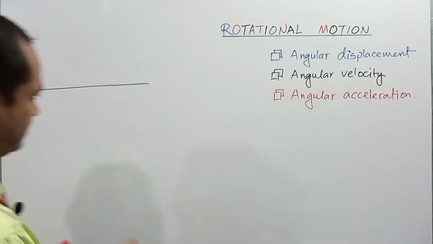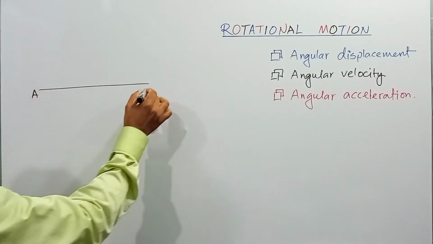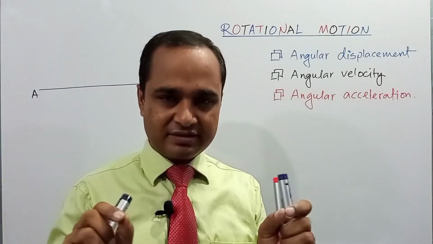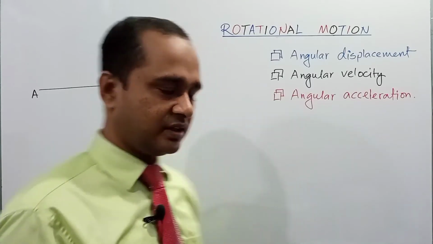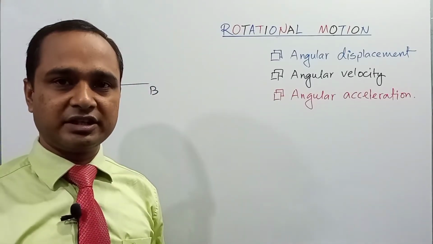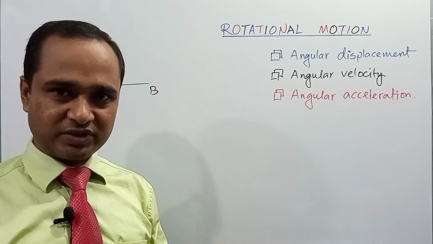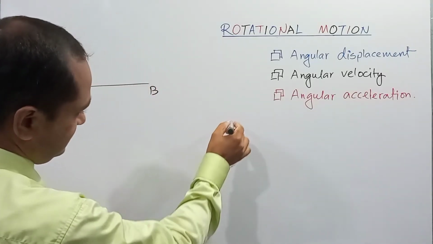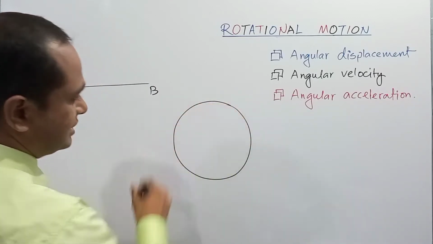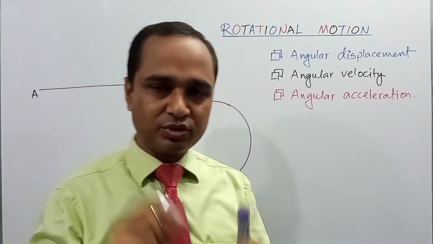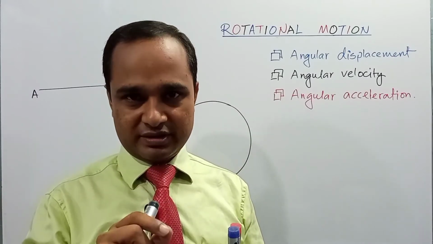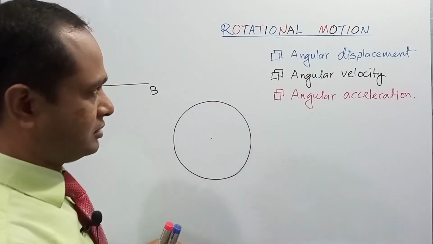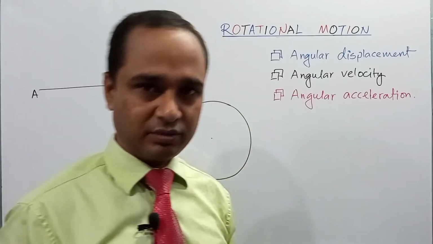Suppose a body moves from point A to point B, if the length of the travel path is considered, then this type of motion is called linear motion or simply motion, right? But when a particle or body moves along a circular path, or when a body moves centering a point, then this type of motion is called rotational motion or angular motion.